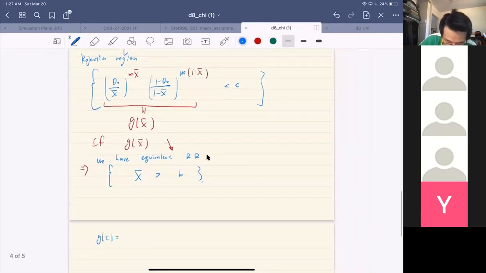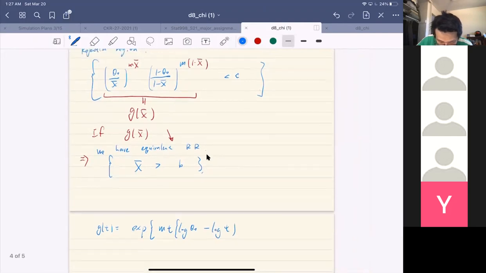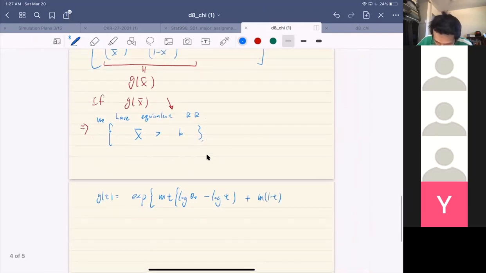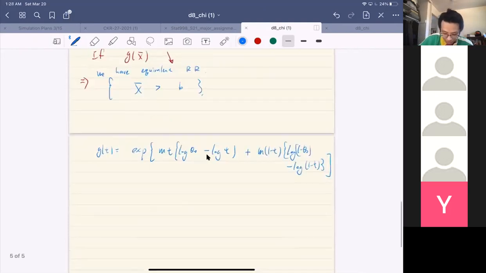So it can be like the exponential of n t log theta nino minus log t, and another term is plus n 1 minus t, log 1 minus theta nino minus log 1 minus t. Okay, so like this.